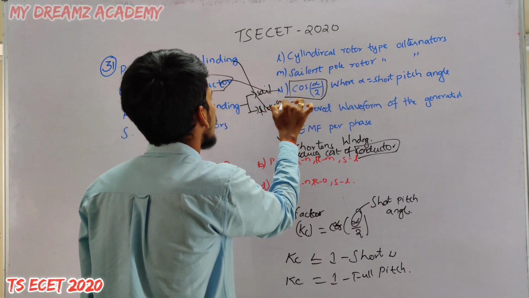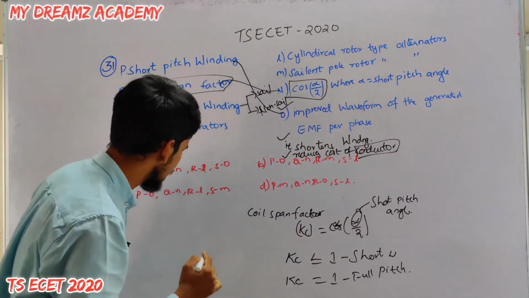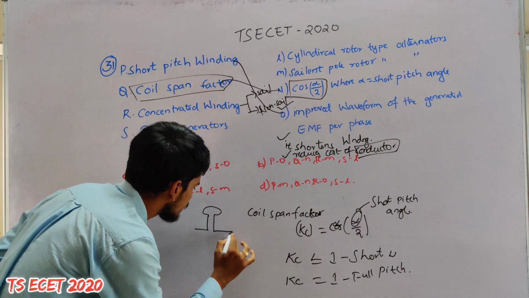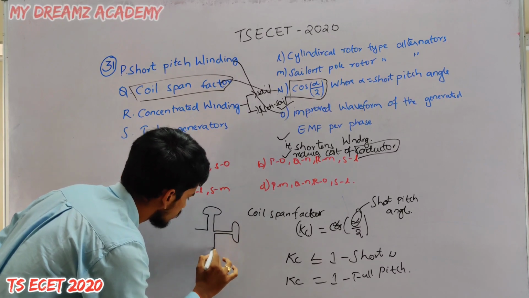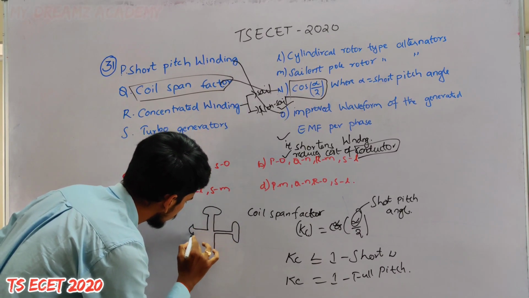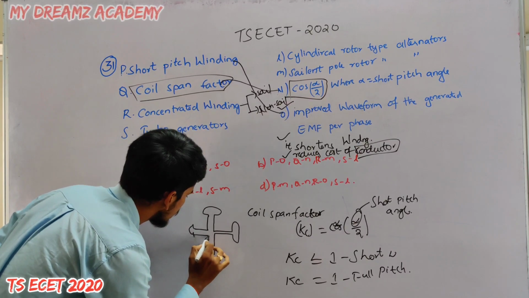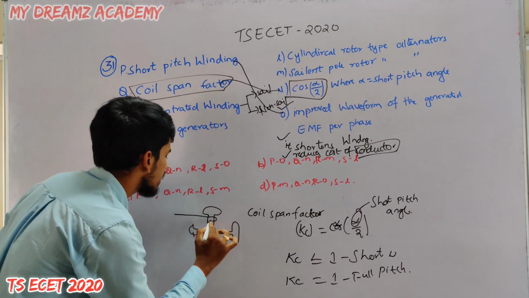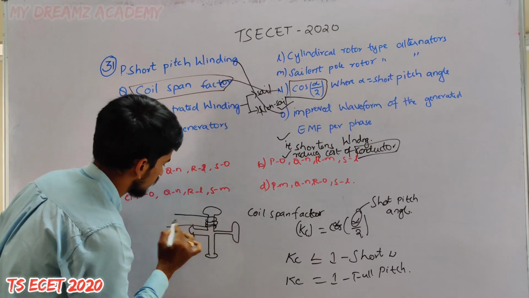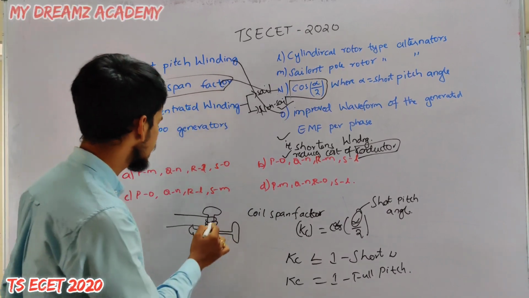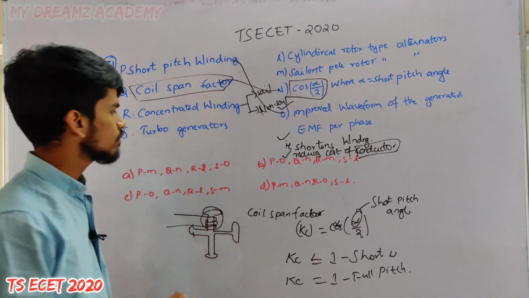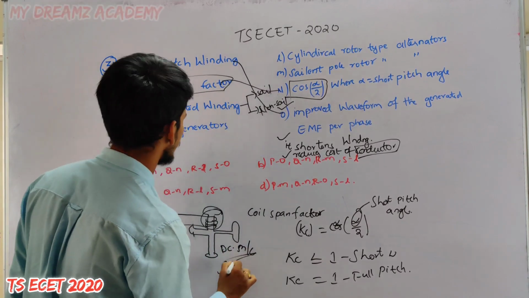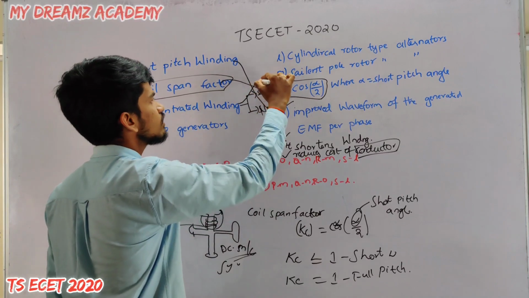For example, a representation of concentrated winding looks like this, where the winding is concentrated at one side. This can be seen in DC machines and synchronous machines. So concentrated winding is also related to silent pole.